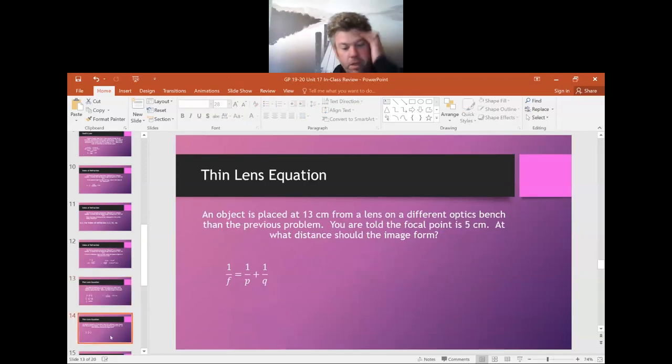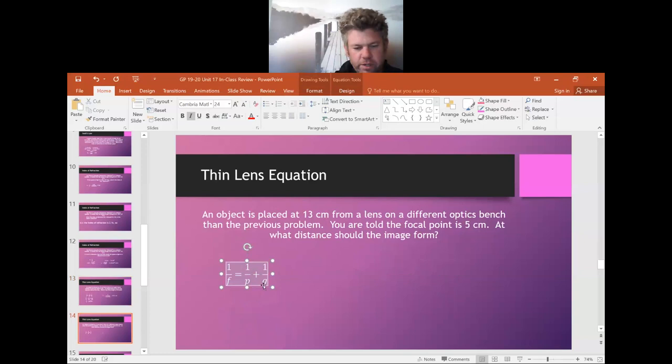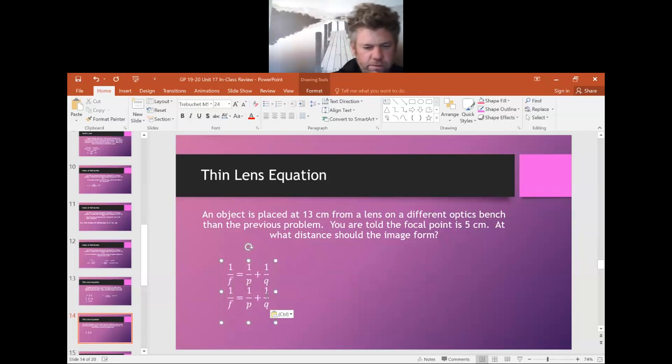All right. Okay. Similar question now, but now we've got a focal point and we've got the object placed there. Okay, so here we go. Copy that. So, set up for us, we've got 1/5.